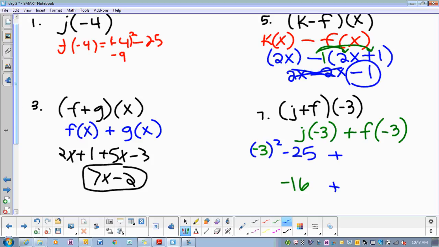Plus, and then the f function is 2x plus 1. Instead of the x, I plug in a -3. So 2 times -3 gives me -6 plus 1, which is -5. Then what's -16 plus -5? -21. Good.